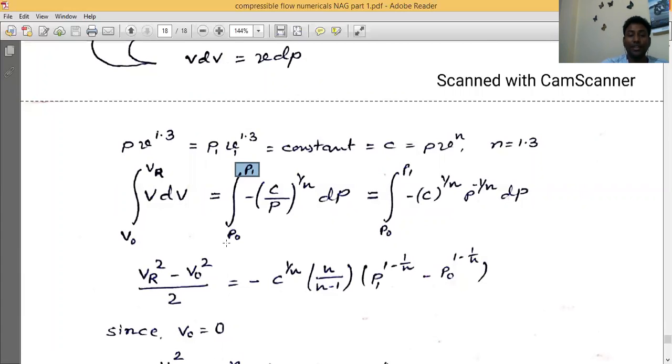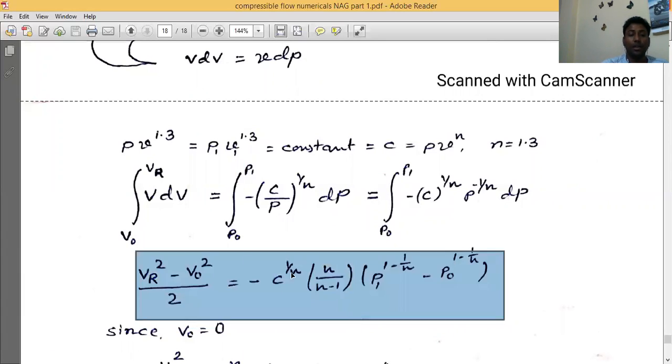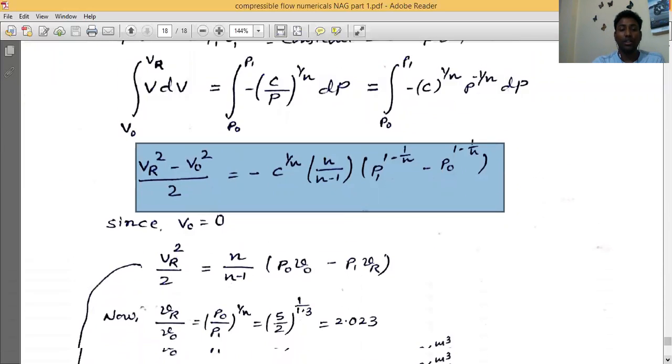So by integrating, we will get an expression like this one. Also, it is mentioned to neglect the velocity at the inlet. So in this expression, we will substitute v naught equal to 0.